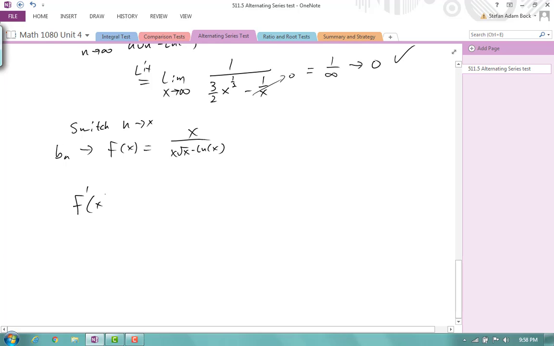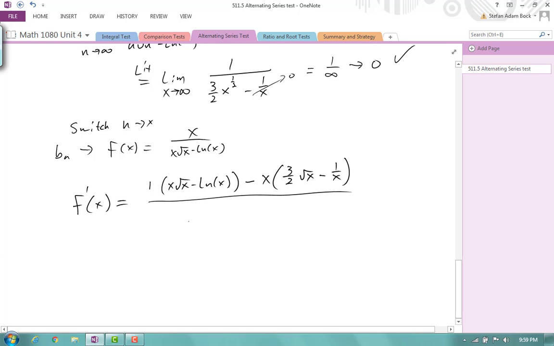So I'll find f prime of x, which requires a quotient rule. For the top first, I'll have 1 times x root x minus ln of x, minus x times the derivative of this here. I've kind of done this above, so this would be 3/2 root x minus 1 over x.